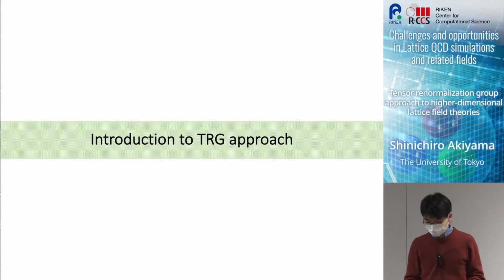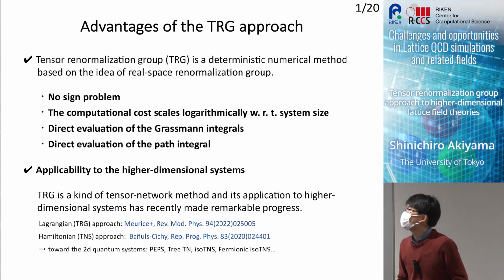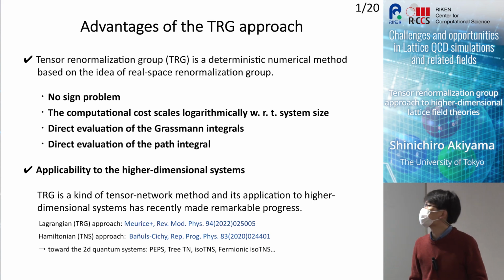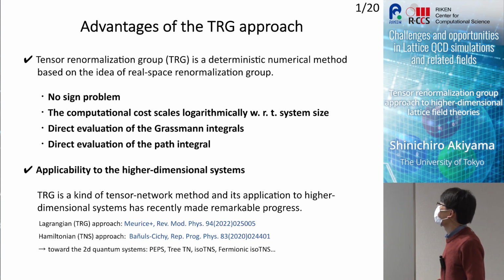Okay, so let us start from the introduction part. Firstly, I'd like to summarize several advantages of the TRG approach, and this is a kind of take-home message. The TRG approach is a deterministic numerical method based on the idea of the real space renormalization group method.